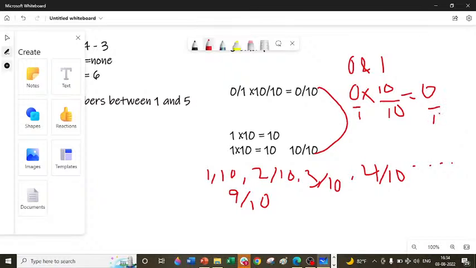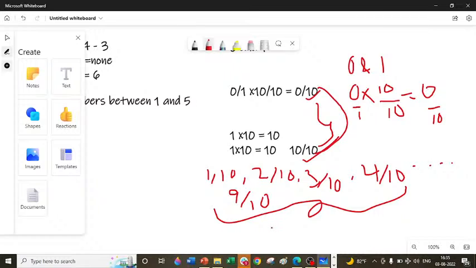Okay? So हमने क्या किया, हमें 0 by 10 मिला and then फिर हमें 10 by 10 मिला. अब इन दोनों के बीच के जितने भी नंबर्स हैं हमने यहाँ पे सारे लिख लिए, और ये जो बीच के नंबर्स हैं वो रैशनल नंबर्स हैं between 0 and 1. So I hope you are clear with this now, like how to find rational numbers between 0 and 1.